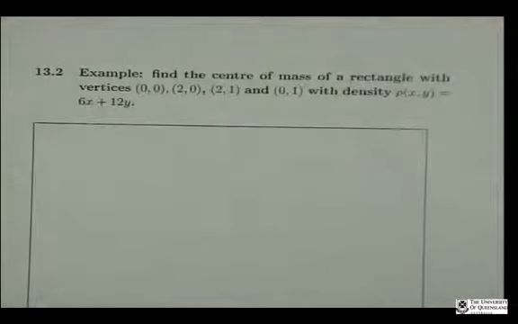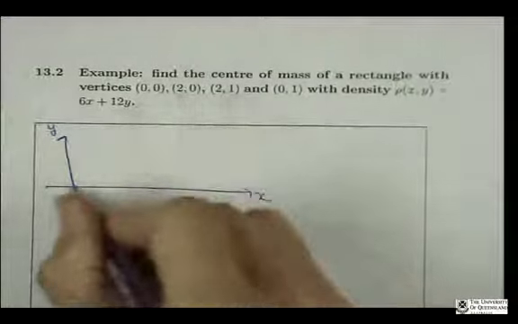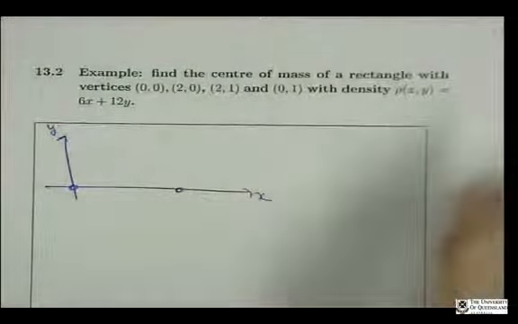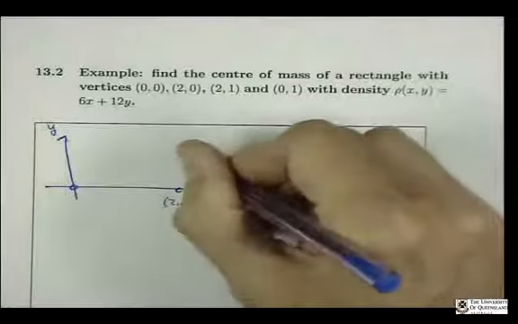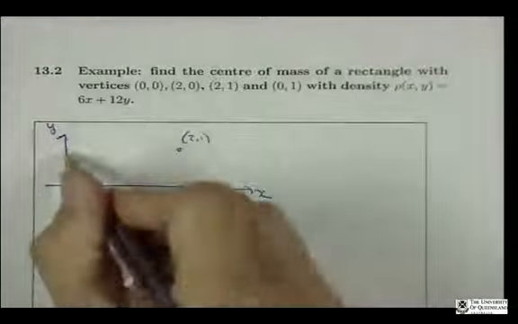All right, but we're not always given these problems with constant density. Sometimes we might be given a problem, and I'll just summarise this calculation. Now we've got the problem of finding the centre of mass of a rectangle. In the xy plane, we're given vertices at the origin, (2, 0), (2, 1), and (0, 1).